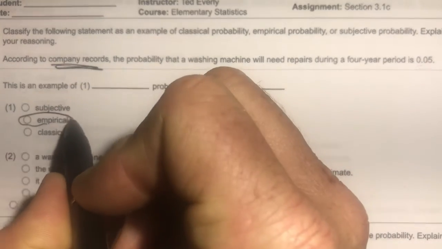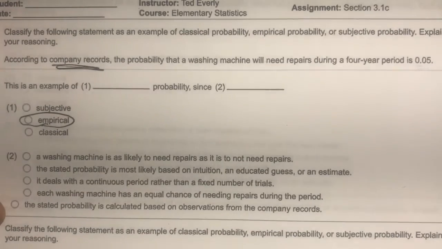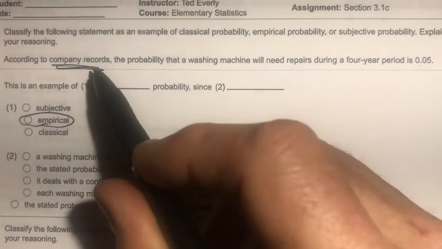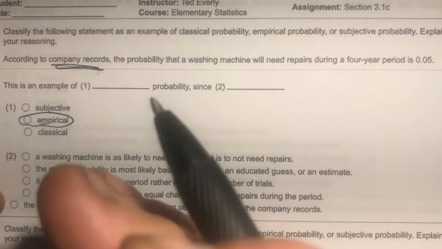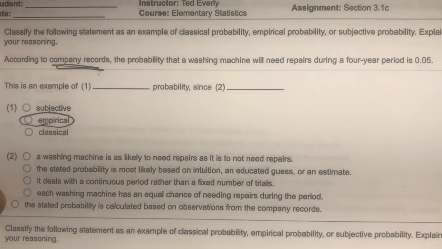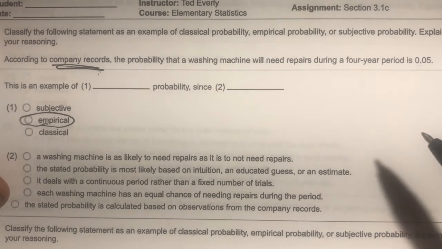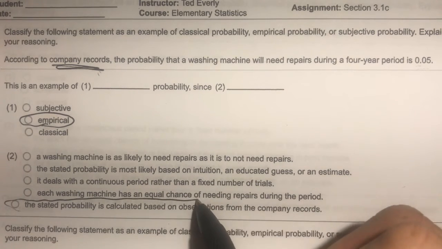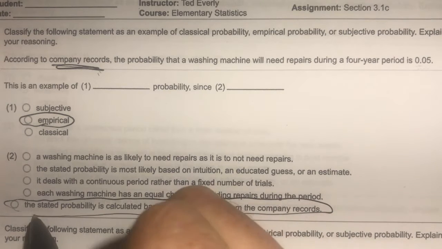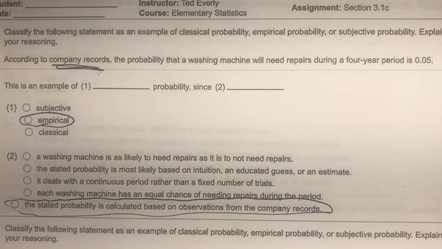This is an empirical probability because it's based on their records. This is what's happened in the past, so based on what's happened in the past, this is what they expect for the future. The stated probability is calculated based on observations from the company records.